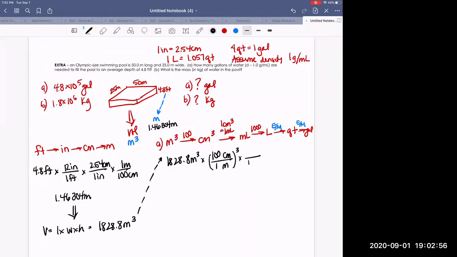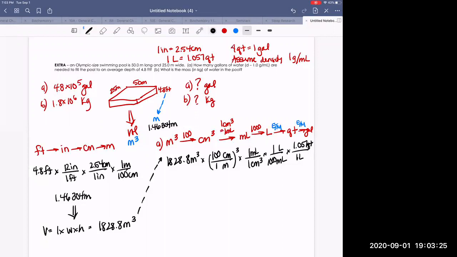Now I've got that magic 1 centimeter cubed to 1 milliliter that allows me to change from my volume that I measured in length to my volume that's measured in a liquid measure. I want to go from milliliters to liters. So my 1,000 goes on the bottom. And now liters to quarts, that was one that was given to us. 1 liter is 1.057 quarts.